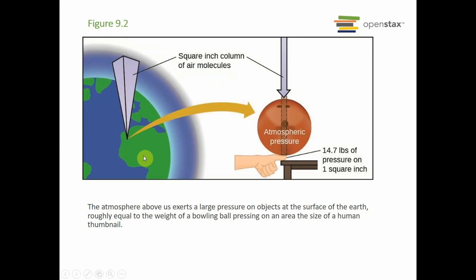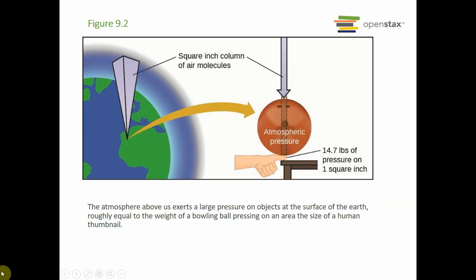Okay, the atmosphere is very deep. If you were to take a 1 square inch column and take it all the way to the edge of the atmosphere, its weight would be 14.7 pounds.